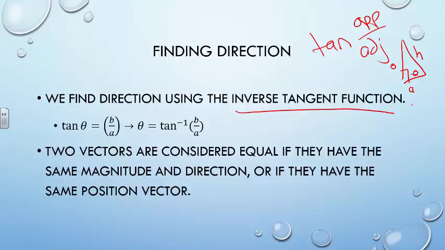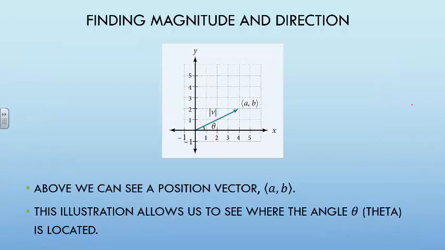And two vectors are considered equal if they have the same magnitude and direction, or if they have the same position vector. Position vectors are discussed in video 1. Here's an example to find the magnitude and direction.